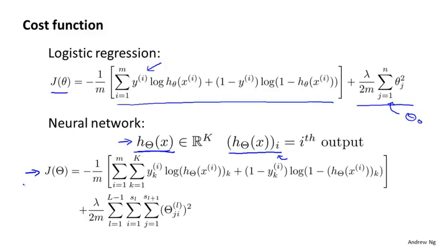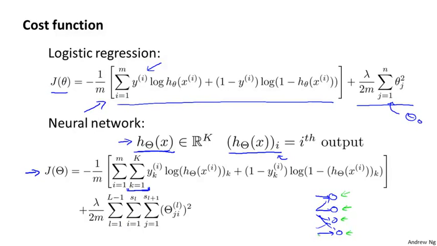My cost function J of theta is now going to be the following: minus 1 over m of a sum of a similar term to what we had for logistic regression, except that we have this sum from k equals 1 through K. This summation is basically a sum over my K output units. So if I have 4 output units, that is, if the final layer of my neural network has 4 output units, then this is a sum from k equals 1 through 4 of basically the logistic regression algorithm's cost function, but summing that cost function over each of my 4 output units in turn.